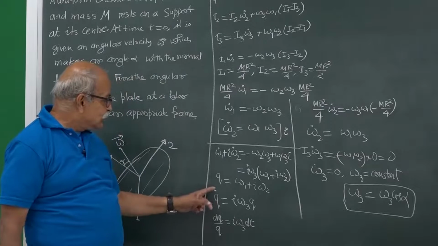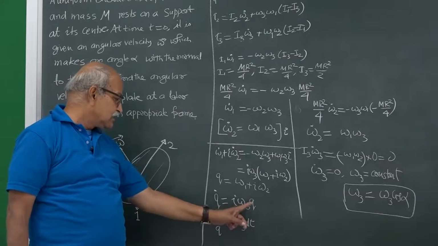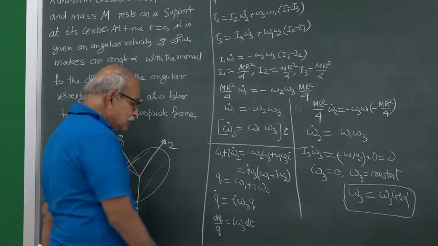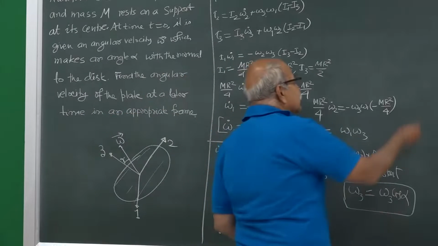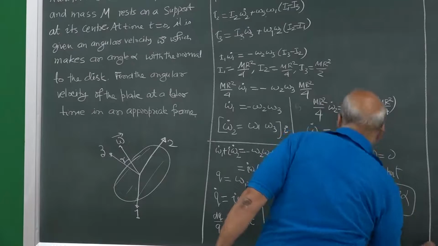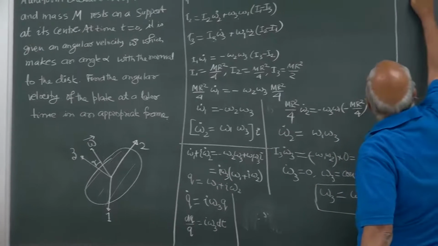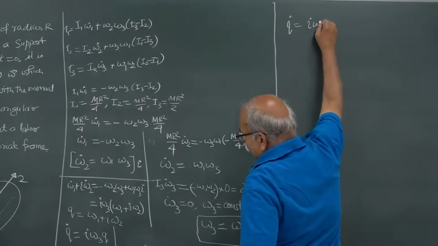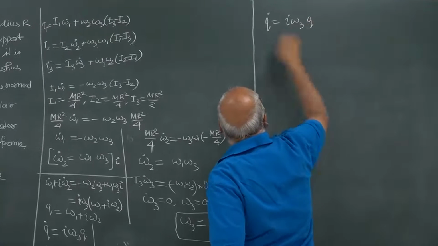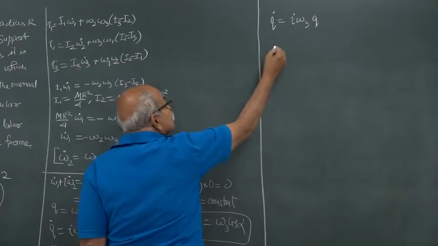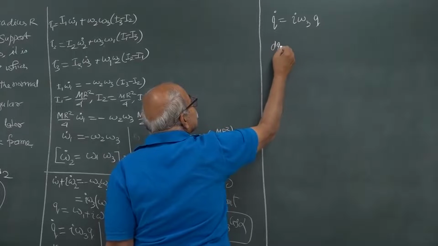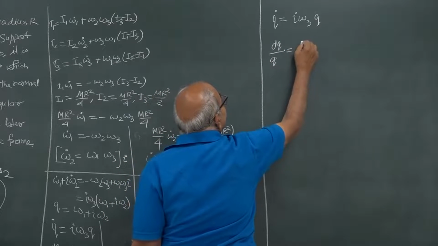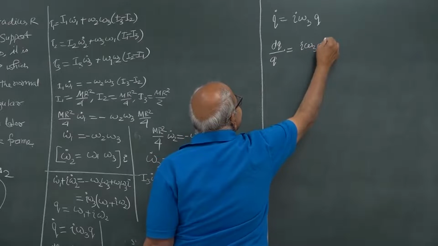Q dot is dq by dt, that dt goes this side, and this q comes here, dq by q. What I have is q dot equal to i omega 3 q, so I am integrating dq divided by q equal to i omega 3 dt.